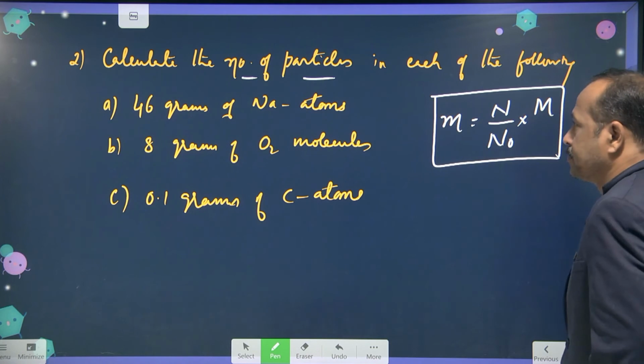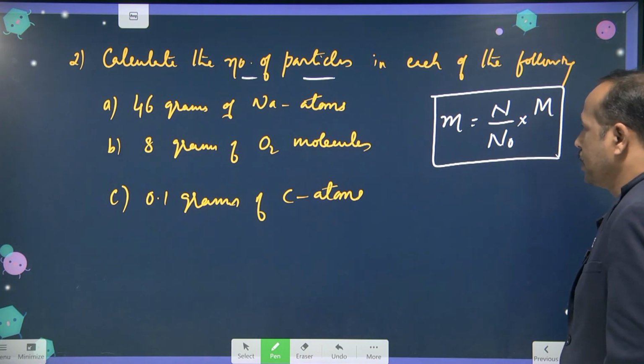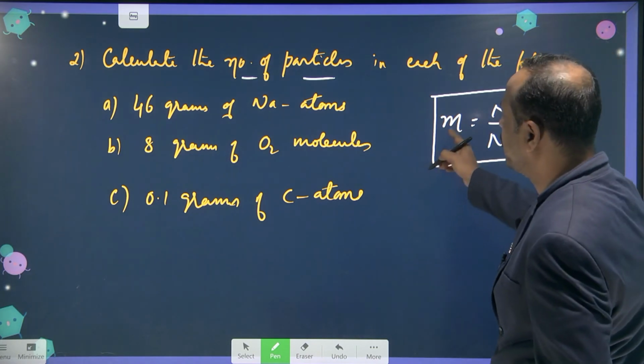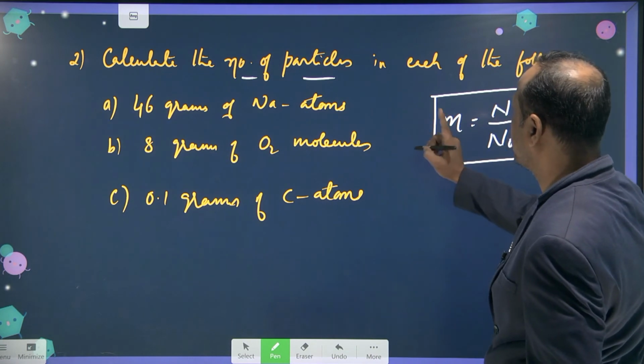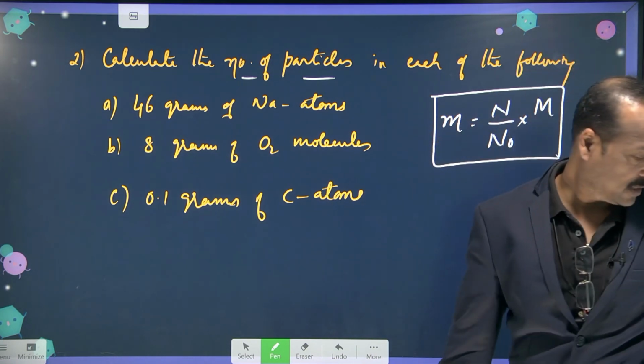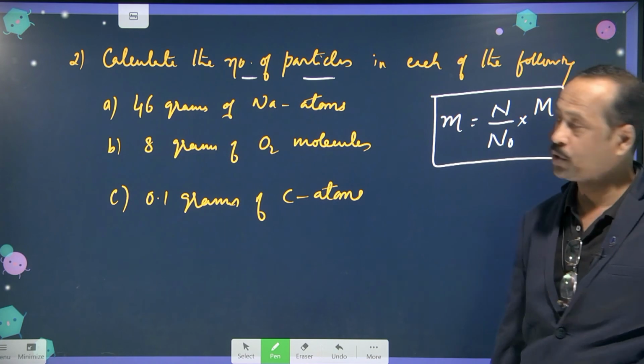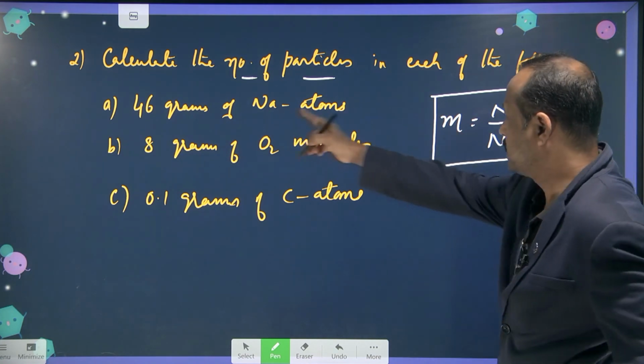See here, one problem I will do, the first one. So we need to find the number of atoms, right? For this, first take the mass that is given here.